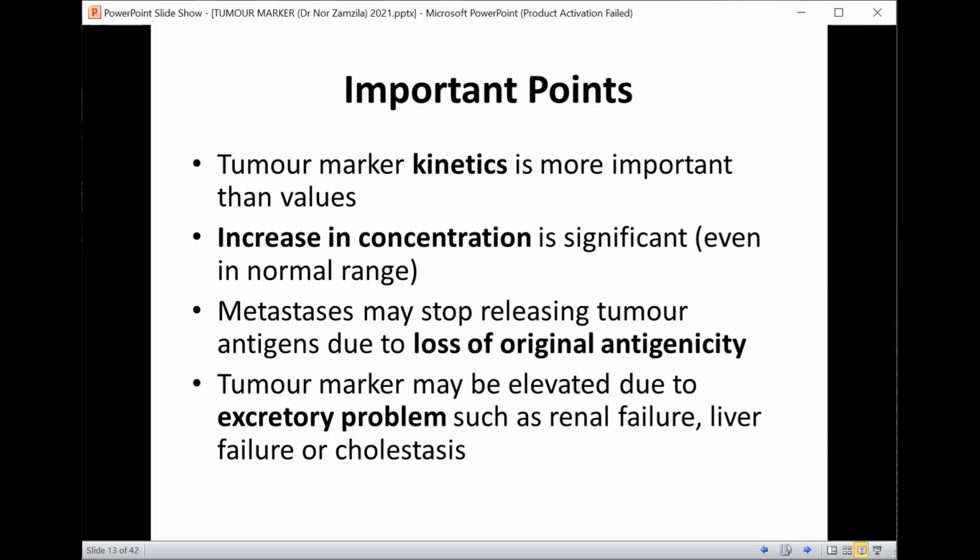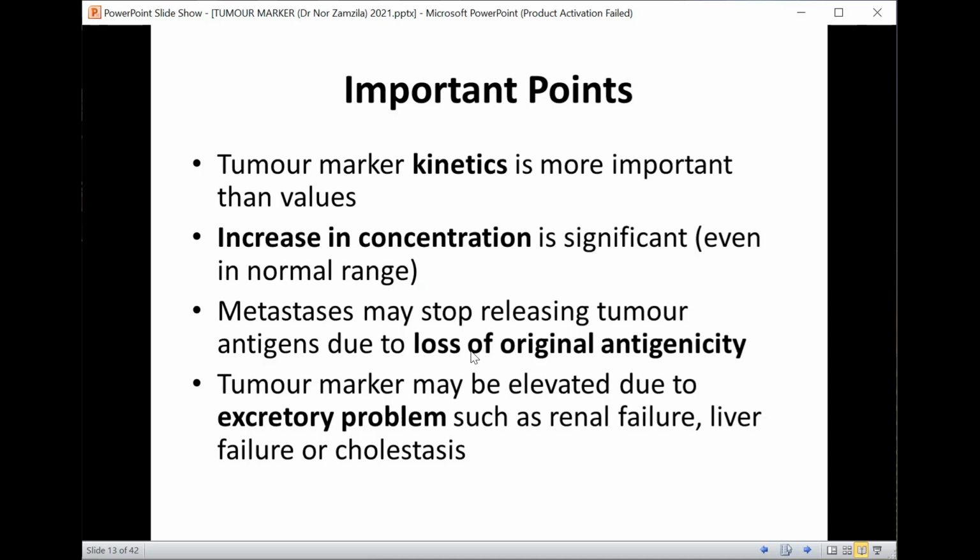And number 3 important point that you have to bear in mind is that some tumors, when they metastasize, will stop releasing the tumor antigen because when they metastasize, they lost their original antigenicity. So you may confuse this.